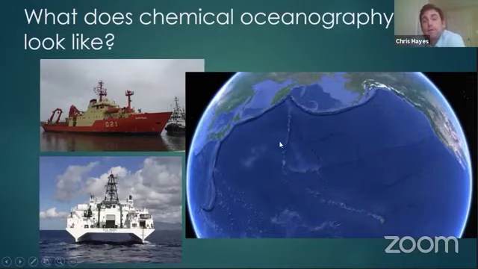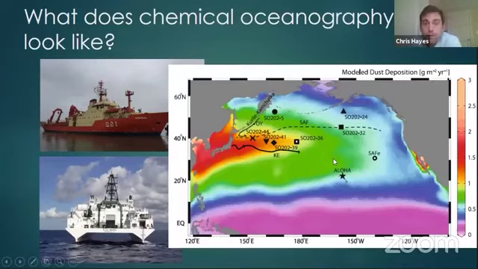So the winds here actually can blow this across the North Pacific. And I made a map like this showing that dust from that region is blowing out over the North Pacific, even makes it to Hawaii.